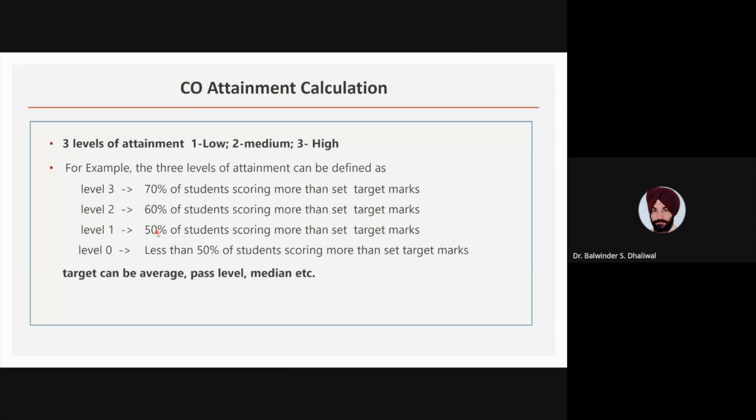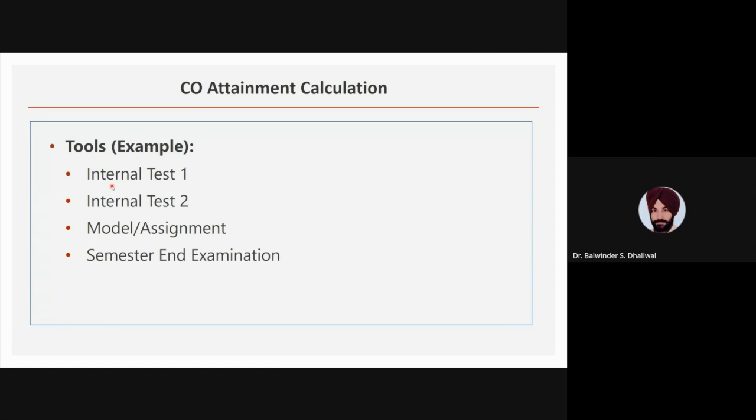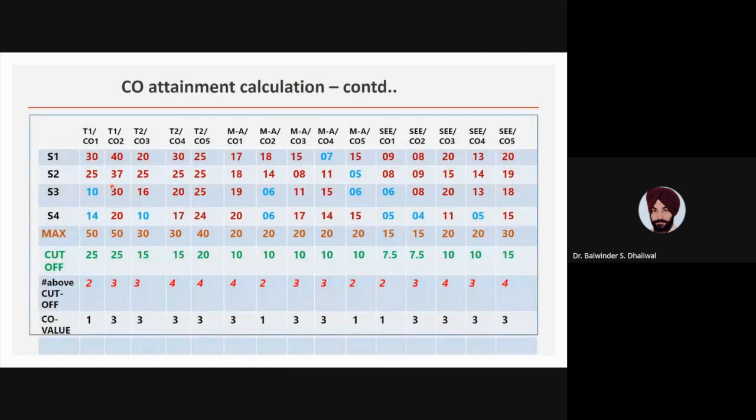Then 50% of the students scoring above target is considered level 1, 60% of students scoring more than target marks is considered level 2. Similarly, if 70% of the students are scoring more than the set target marks, the attainment is considered level 3. Now using these 3 level definitions, I am explaining this table.